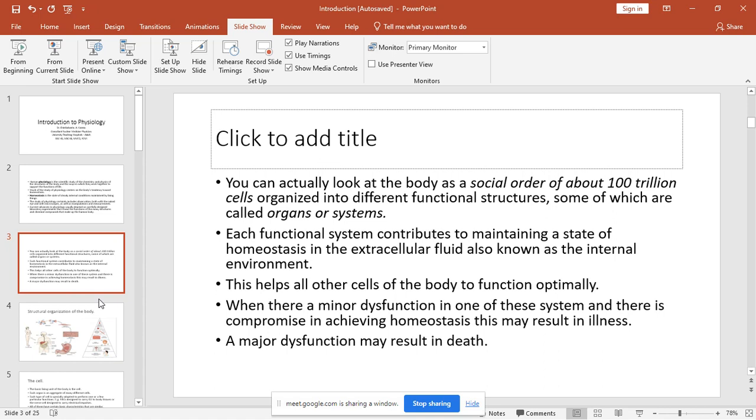Each of these organizational structures is important in that it is useful in maintaining this constant environment that we are calling homeostasis, in the extracellular fluid, which is also referred to as the internal environment. So why is a constant environment important?